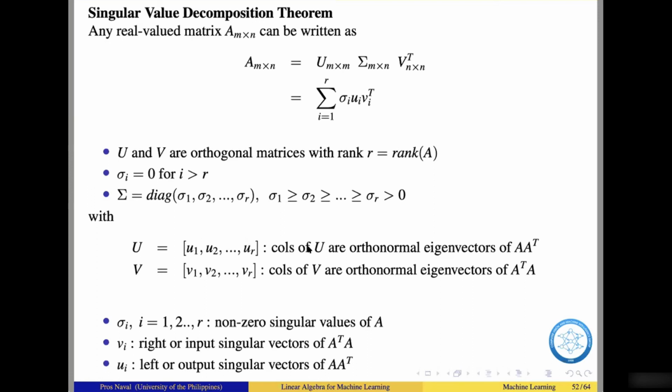These columns here are the orthonormal eigenvectors of A A transpose, while the columns of V are the orthonormal eigenvectors of A transpose A.